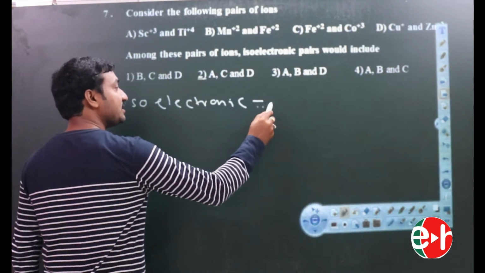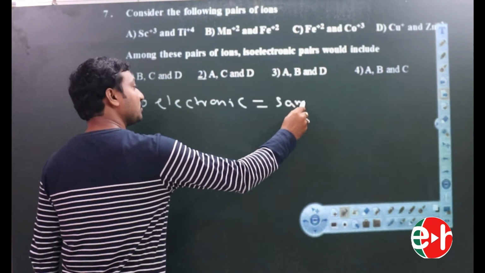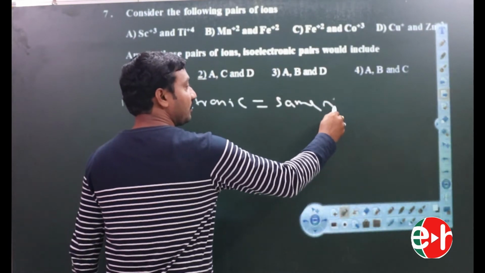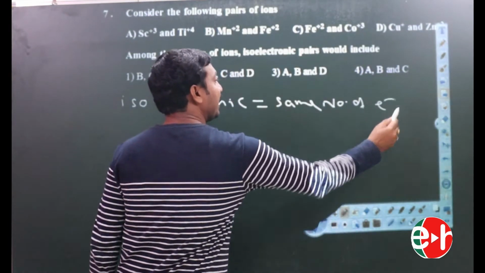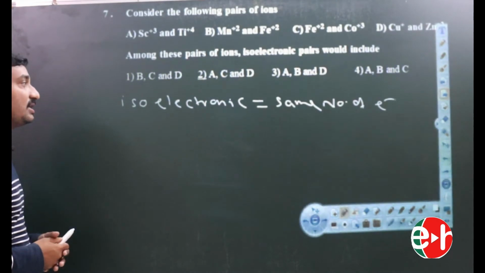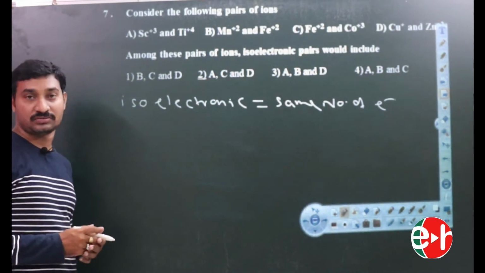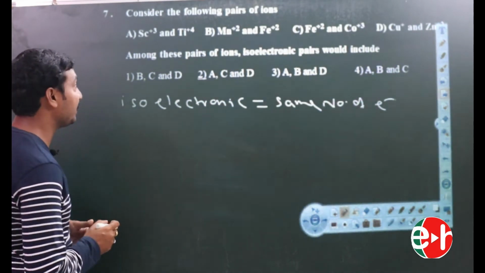Isoelectronic means same number of electrons. Okay, now let's calculate electrons.